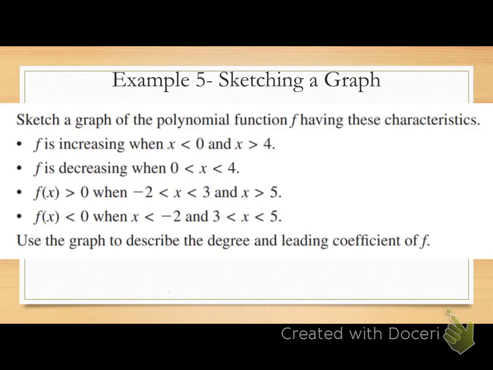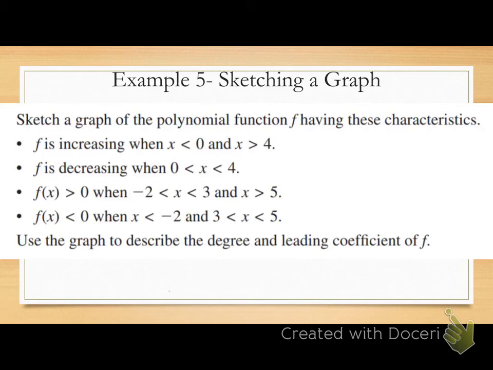So I'm going to go ahead and write these characteristics over here on the whiteboard, so I have them down so I can look at them whenever I'm looking at our graph. So our first one, f is increasing when x is less than 0 and x is greater than 4.